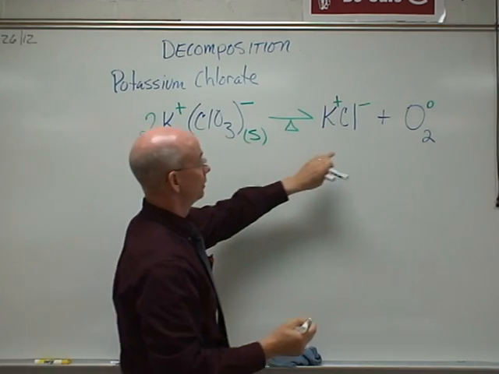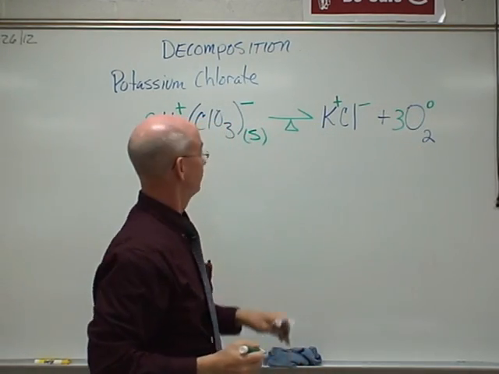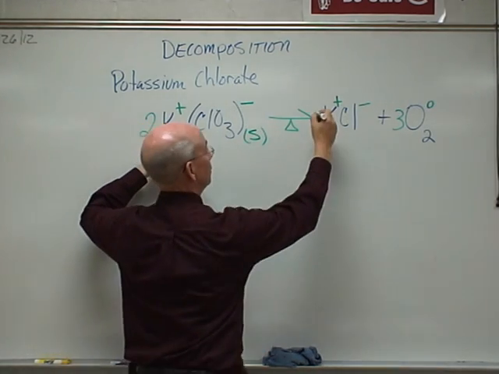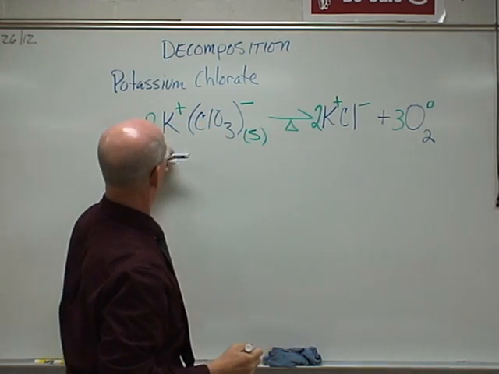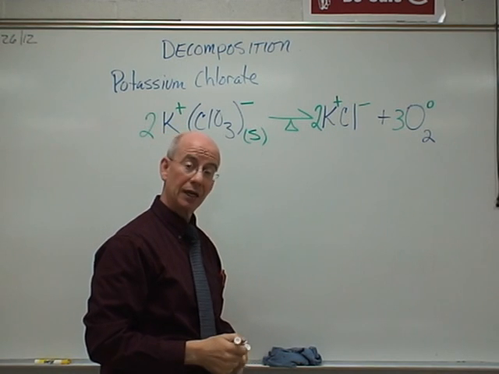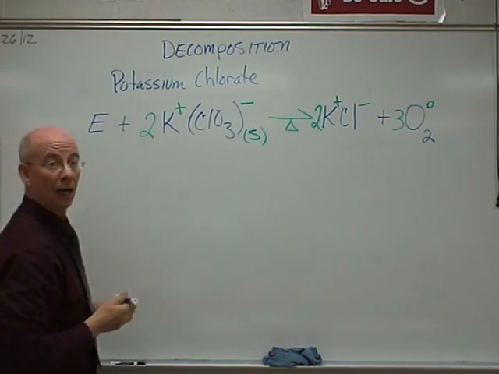That would give us 6, and we just need a 3 there. That would give us 6 oxygens. Since we changed this, however, now we need 2 potassiums, so we put a 2 there. That gives us 2 chlorines here, and this gives us 2 chlorines there. And that is the full equation. Again, it is endothermic, so we could add energy in here as a reactant.